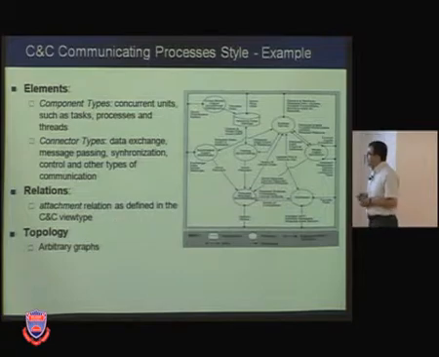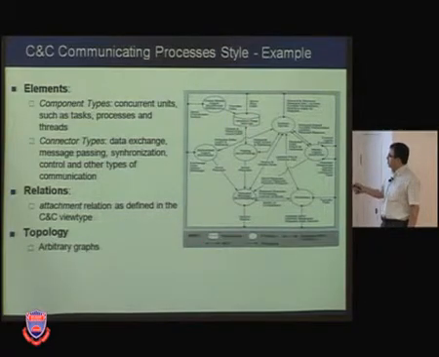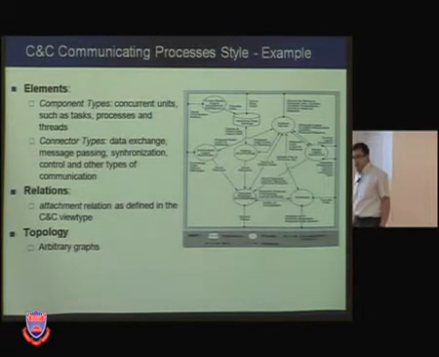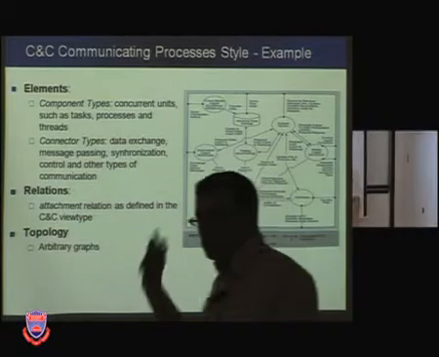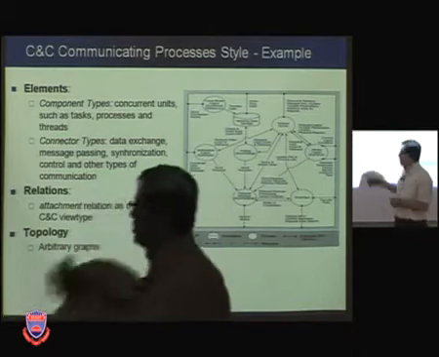The attachment relation is as defined in the C&C view type. This is one example of the communicating processes view, an architecture view consisting of a set of processes. Here they also have a repository. The relations are RPC and message calls. So this is not from the implementation units, but when the system is running, we will have this view.